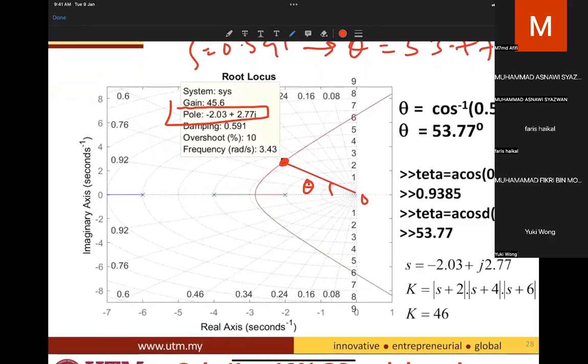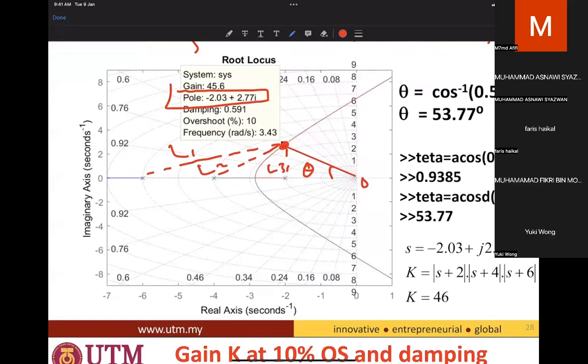And then you can calculate the gain K over here by using L1, L2, and L3. Or if you don't like theorem Pythagoras, you just take this intersection value and insert it inside the gain criteria, which is S plus 2 over S plus 4, S plus 6.